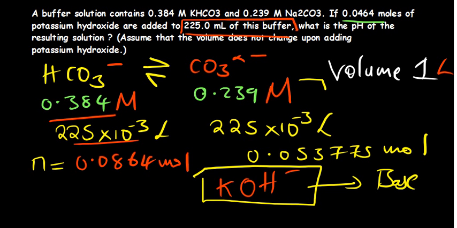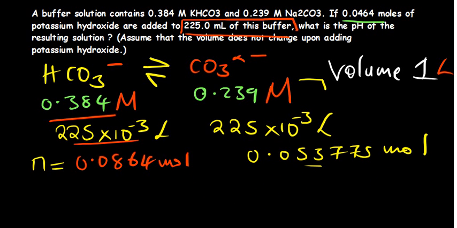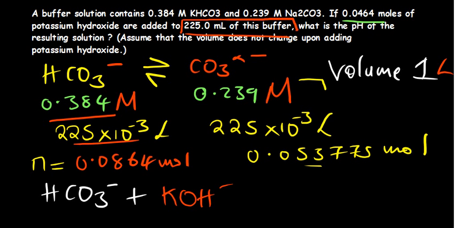We can now come up with an equation to show the reaction. So our hydrogen carbonate, which is our acid in this case, the fact that we're adding a base is going to react. If this gets to react, what do you expect to be produced? An acid is expected to lose a hydrogen, so it will be potassium carbonate.